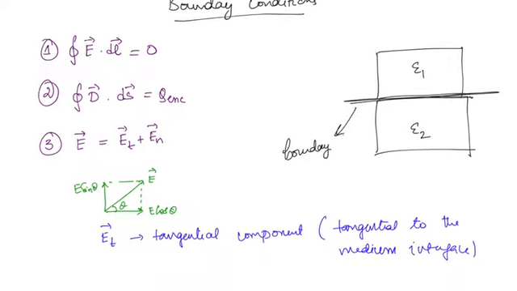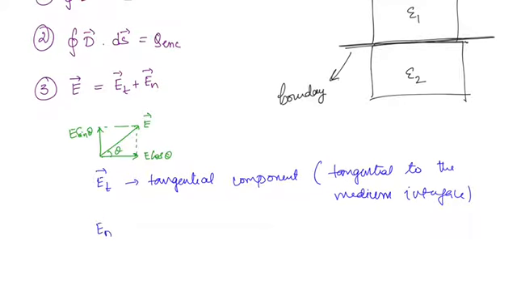And En bar is the normal component, normal to the medium interface. So we are resolving the electric field into two components.